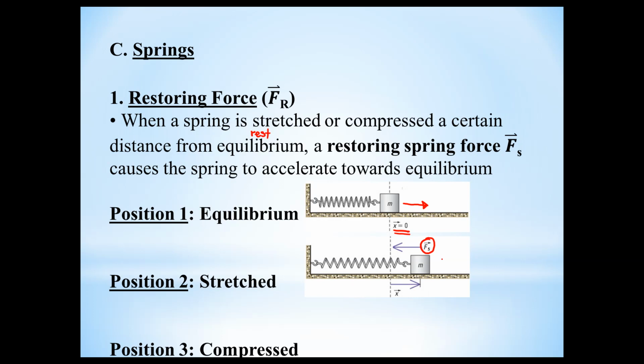If you want to think of what this restoring spring force is like, it's kind of like an applied force. However, when we draw free body diagrams, we're actually going to write down the variable Fs for the spring force. At the start of the dynamics unit, we introduced 4 big forces: force of gravity, normal force, applied force, and the friction force.